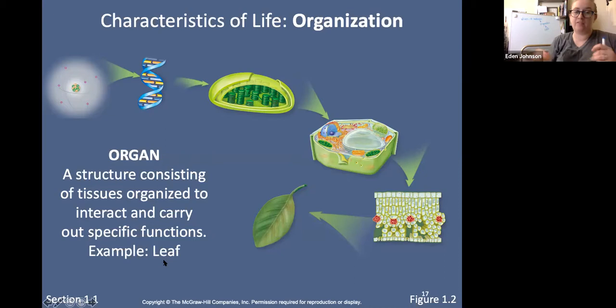So like a leaf is made up of much, much more than just epidermal tissue, okay? It's made up of a ton of different types of tissue, just like, let's say your heart, your lungs. What other kinds of organs do you know about? Your kidneys, your brain, okay? All of the organs in your liver, whatever it is, all of the organs in your body, you've got lots of different tissues that are coming together to make it function appropriately.